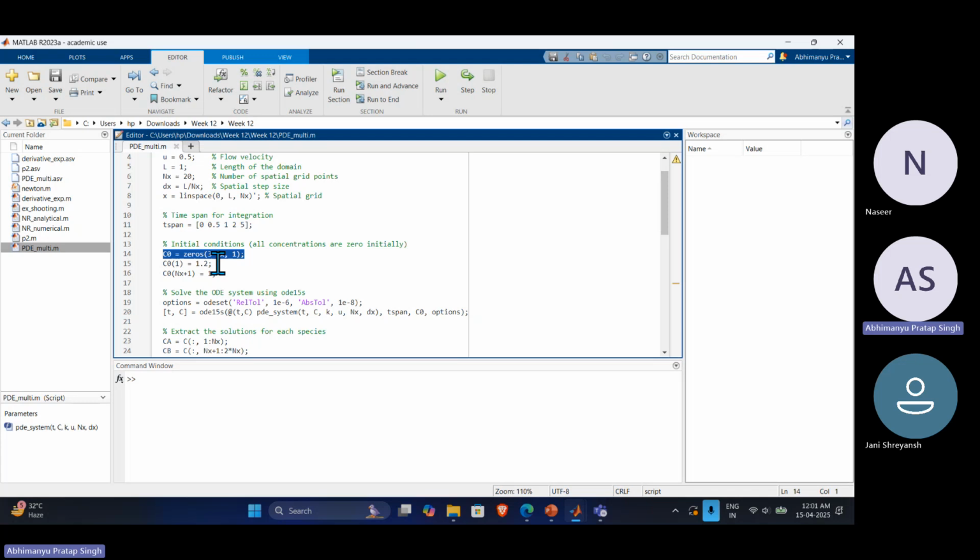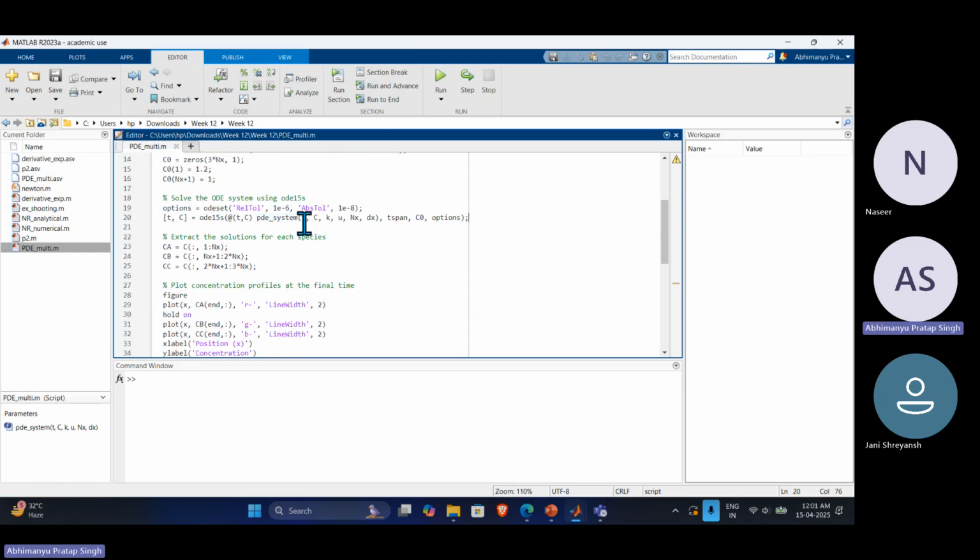So this C0(1) basically means that my CA1 is 1.2, and this basically means that my CB1 is 1, which in this case would be C0(21) equal to 1. These are my options for the ODE solver.